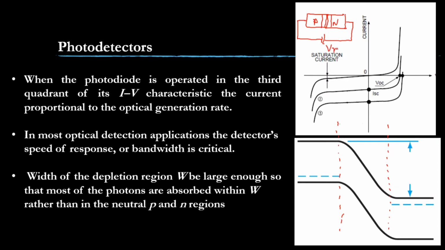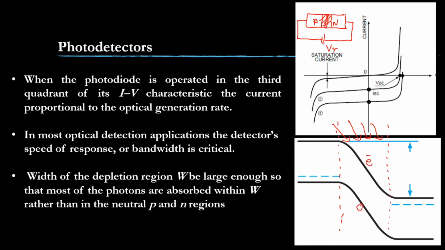Because of the additional reverse bias applied, the width of the depletion region will be more compared to a forward bias or equilibrium condition. When light is falling on the device, definitely an electron hole pair is created.